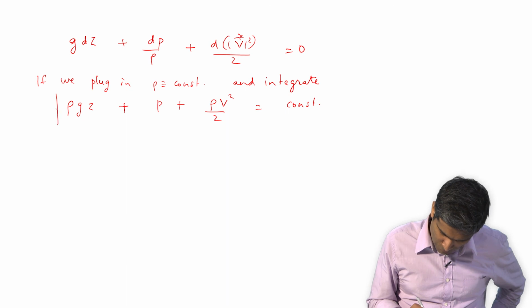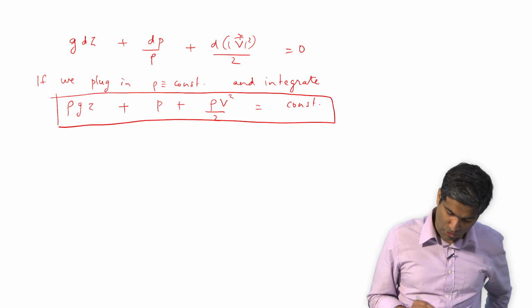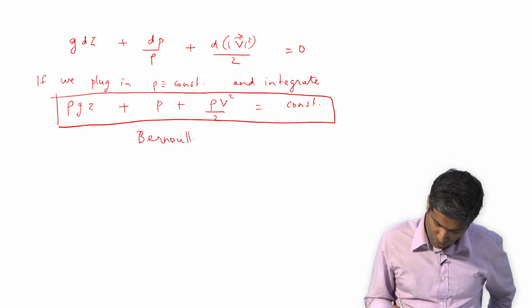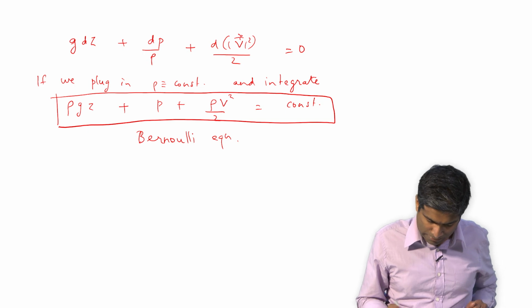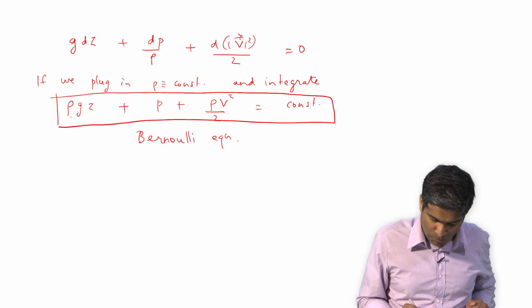So this particular form is what we are going to use for most of this course. This is the Bernoulli equation, and what this is telling us is that if I have a fluid element, the velocity that it attains is the result of the local pressure field as well as the local hydrostatic pressure.